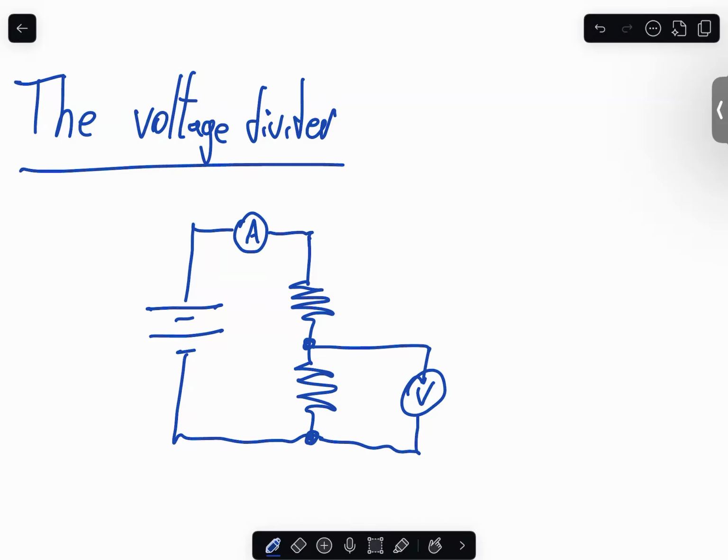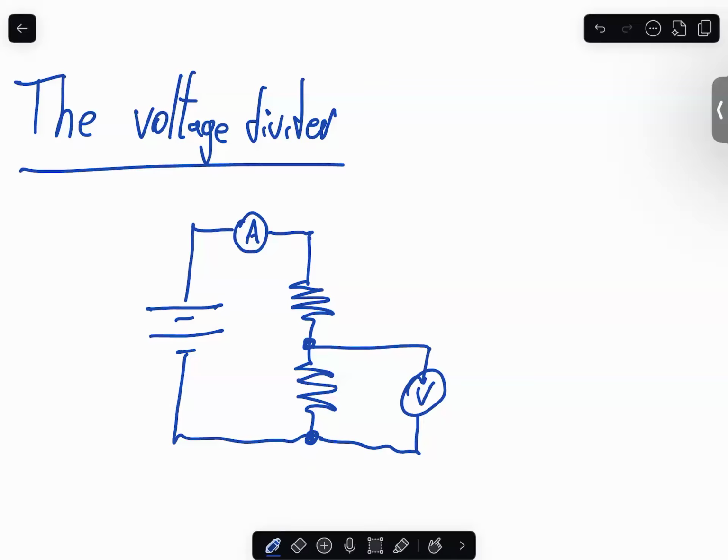Series: connected, no choices for the current. What's parallel? Connected at both ends, directly connected at both ends. So, for instance, this battery is touching this resistor at this point. There is an all-wire path between the negative terminal of the battery and this resistor. Does that mean it's parallel?